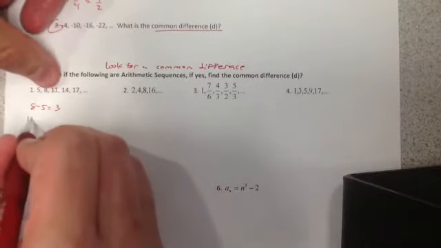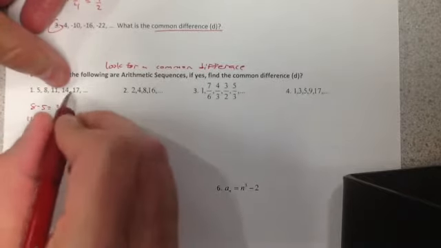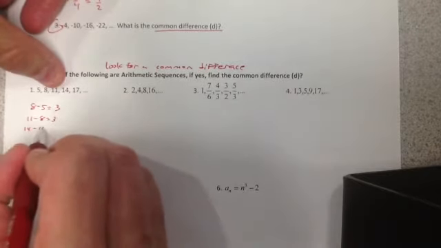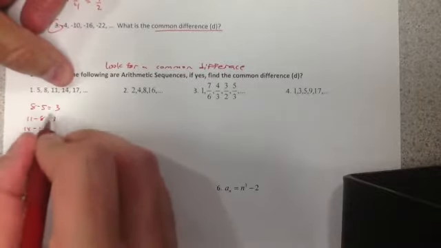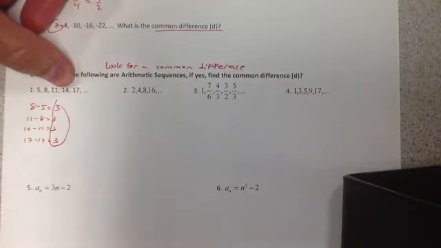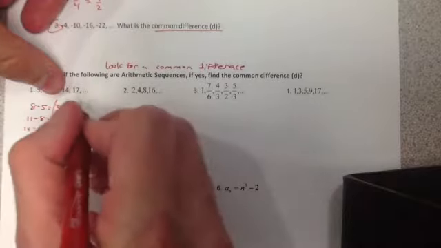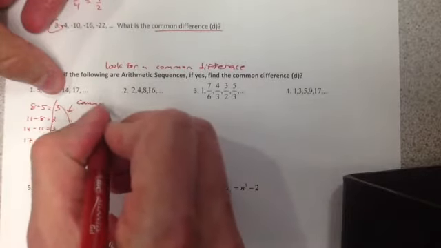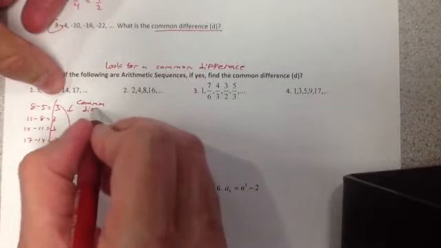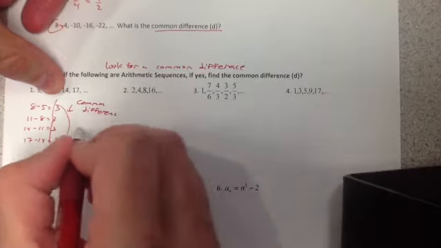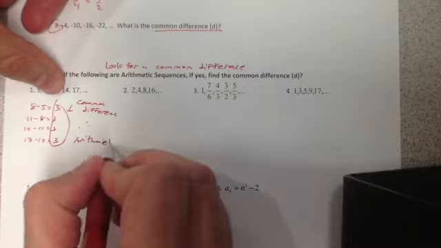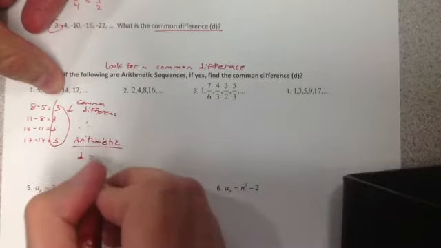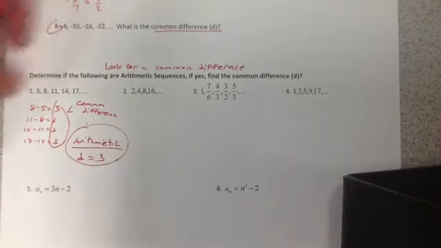Take 11 minus 8. That's 3. 14 minus 11. That's 3. 17 minus 14. That's 3. And see all these right there? The common difference. Now, we don't normally show it this way. I'll show you where we normally show it in just a second. There's our common difference. Therefore, this is arithmetic. What's D? 3, the common difference.